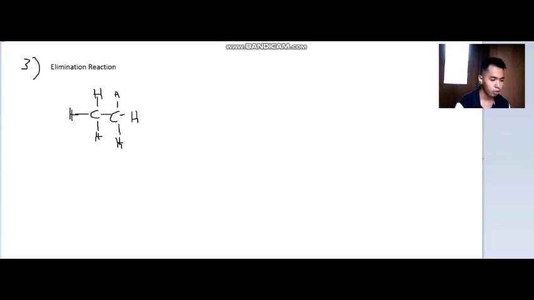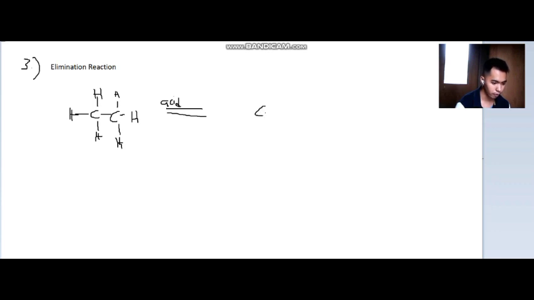So in order for an elimination reaction to happen, we have to expose this to an acid. So, say for example, we have an acid catalyst reacting with our ethane.